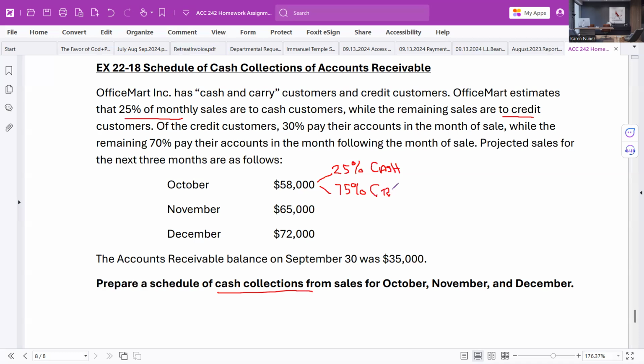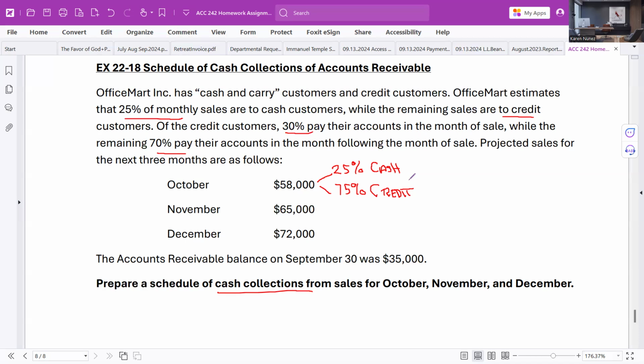And we know that when a company has credit sales, they don't necessarily collect them all at the time of sale, right? It's going to be spread over a period of time. And in fact, it's spread over 30%, 70%: 30% when you make the sale, and 70% in the remaining month. And every month is going to look like that.